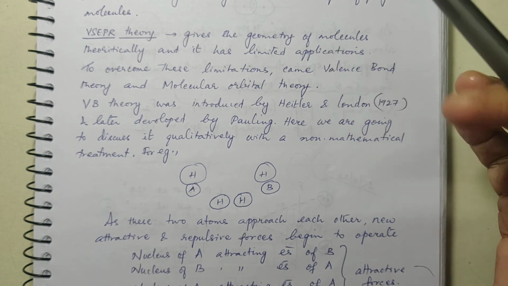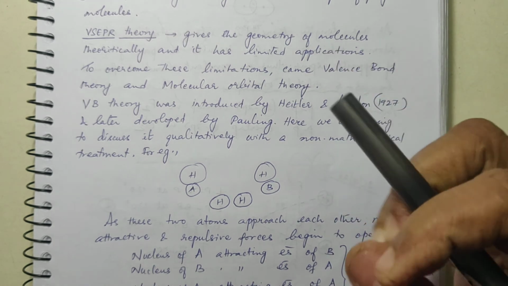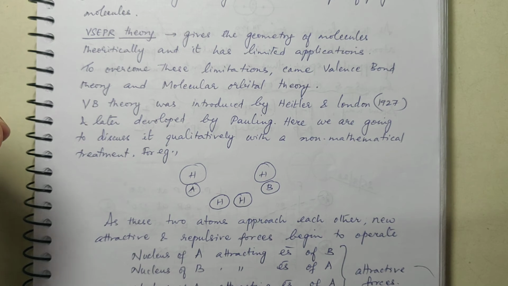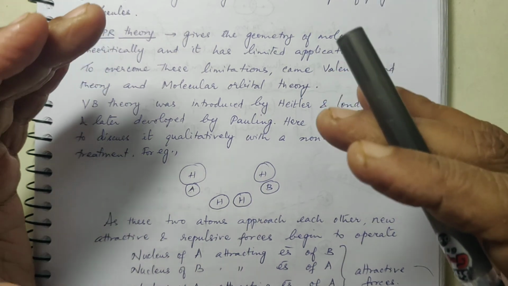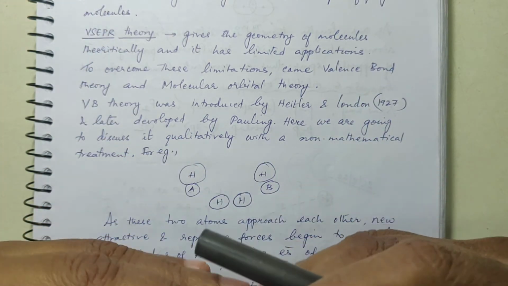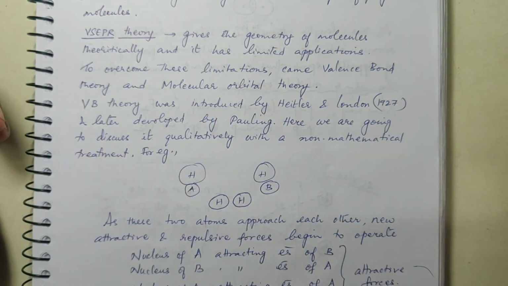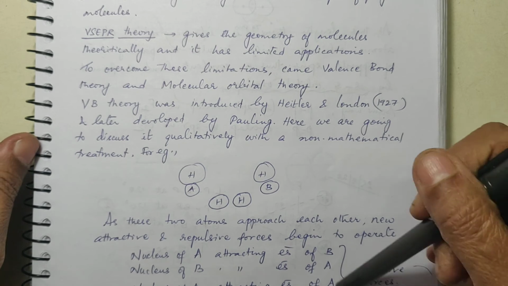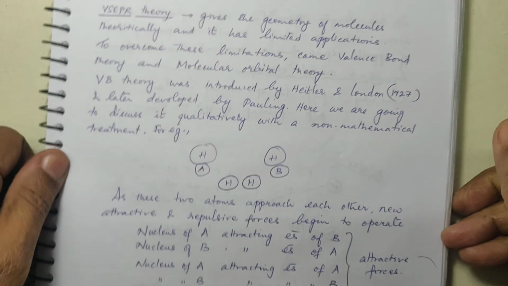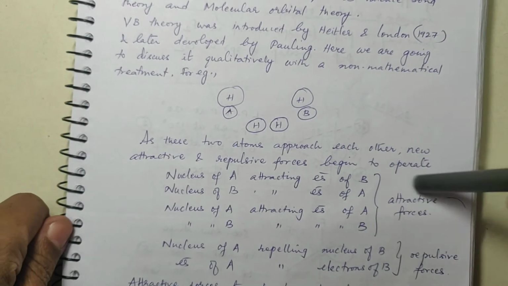Attractive forces try to bring the atoms close to each other, and repulsive forces try to push them apart. But at one particular position, the attractive forces will overcome the repulsive forces and they stay in a bonded state. Now what are the attractive forces? What are the repulsive forces that I have given here? Is it not?